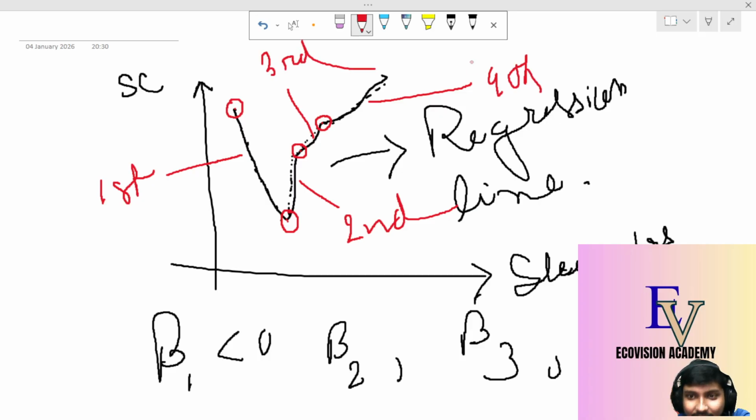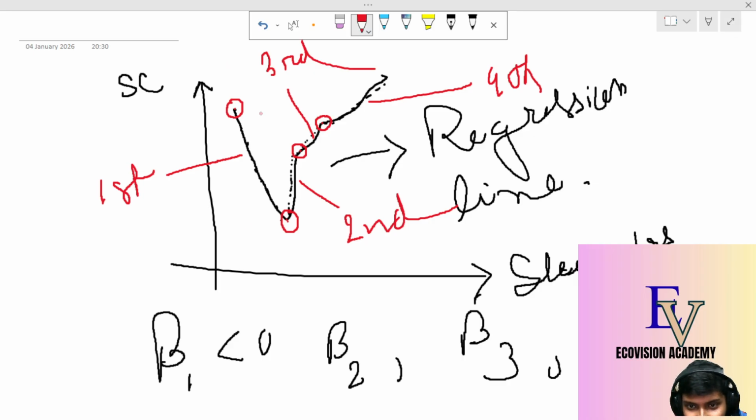But then it joins them smoothly, and we get a regression line. Is it okay with all you guys? It's a very important, very interesting topic. I thought I should tell you this spline regression.